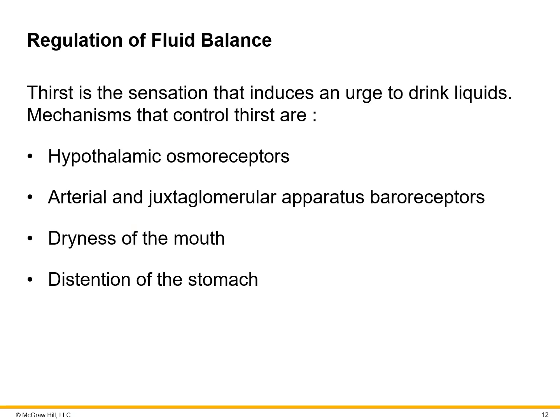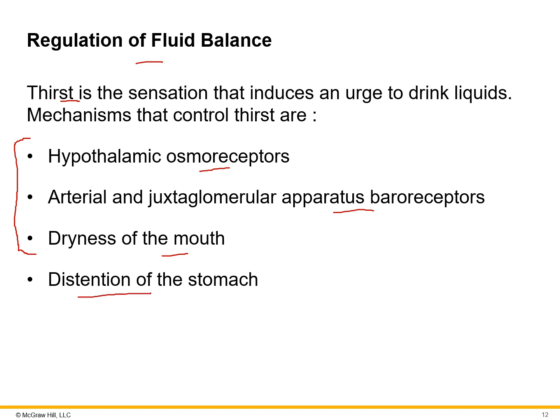All right, so if we look at regulating fluid balance, thirst is the main sensation that is going to trigger this. There are 4 different mechanisms that control it. The first 3, hypothalamic osmoreceptors, the arterial juxtaglomerular apparatus, and dry mouth, are going to stimulate the thirst reflex by activating the hypothalamus, either from changes in osmolarity, so too many solutes outside of the cell makes it hypertonic, we're losing water and we need to dilute those, or changes in blood volume that decrease blood pressure, which activate those baroreceptors or stretch, as well as dryness of the mouth.